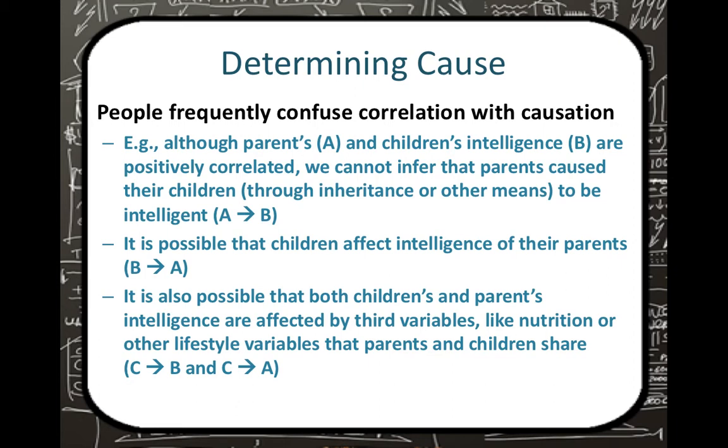Maybe they have high socioeconomic status. They have the ability to attend school regularly, or things that lead to the idea of formalized intelligence or IQ. Right? So maybe there are other lifestyle factors that are related to both children's and parents' IQ. It's not that one causes the other, it's just they both happen to grow up in similar circumstances and have the same opportunities, and that leads to higher intelligence for both of them.